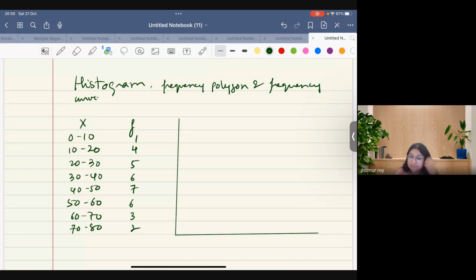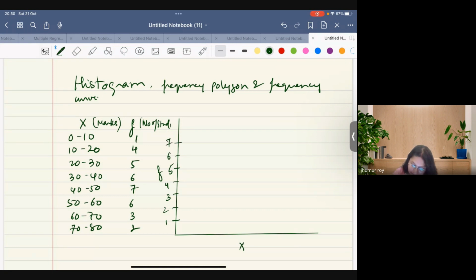Okay. So now when I want to draw this, my data becomes different. Now here what I'm taking is X, and here what I'm taking is number of students, that is frequency. So this is number of students and this is marks. Okay, so I'm taking the values 1, 2, 3, 4, 5, 6, 7.